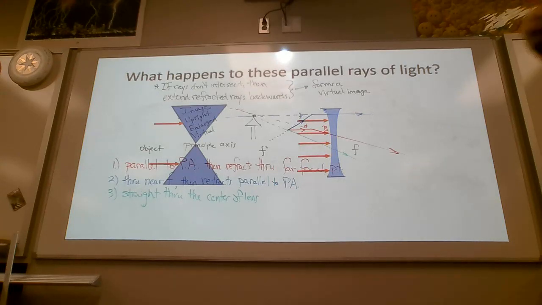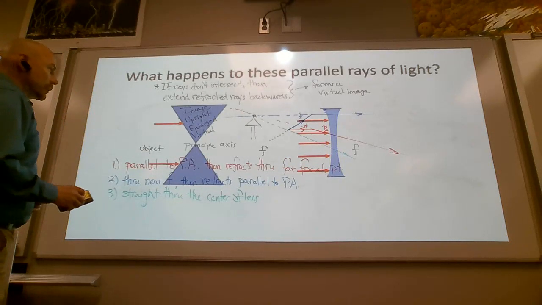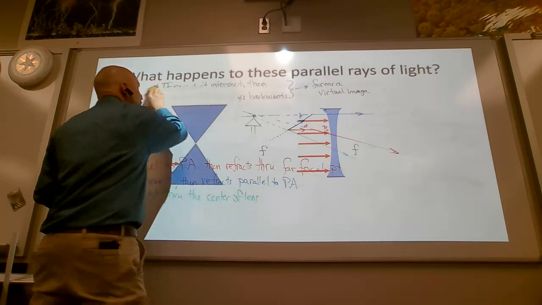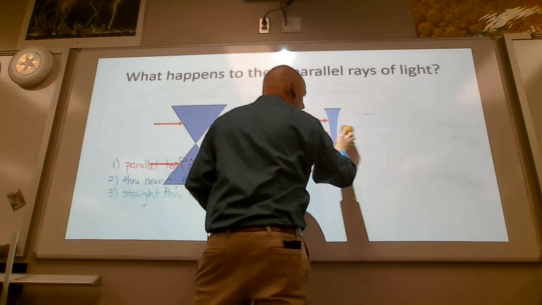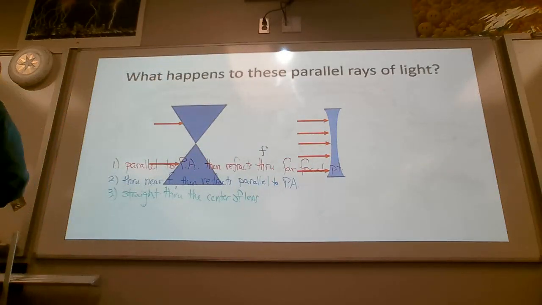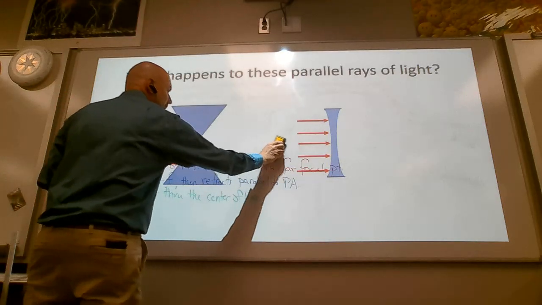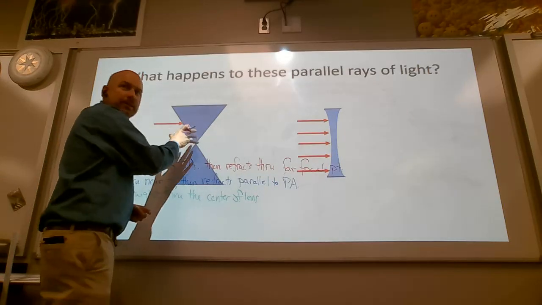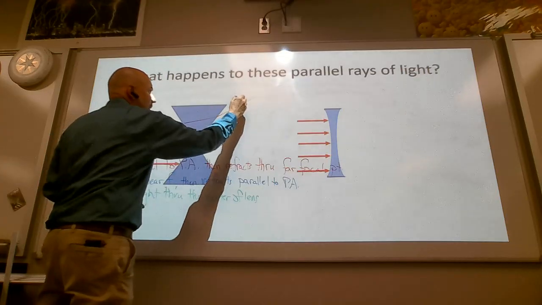Next up is a diverging lens. Okay. Here, what we see is, everybody good with how the diverging lens and this are similar? Thick on the ends.